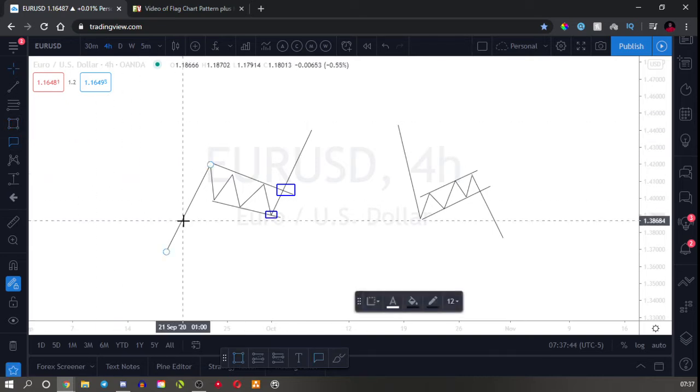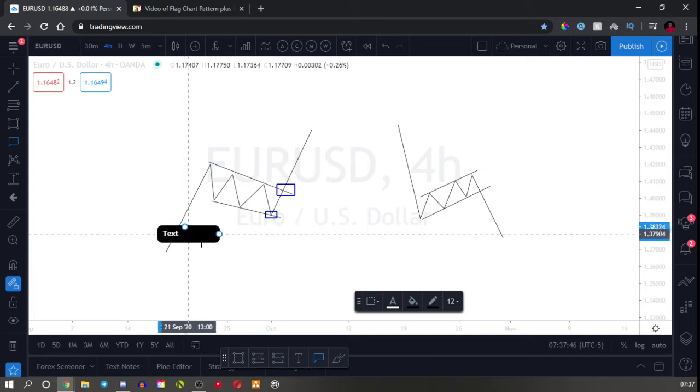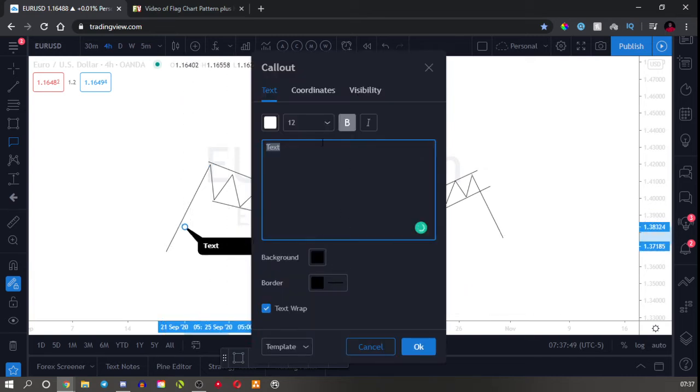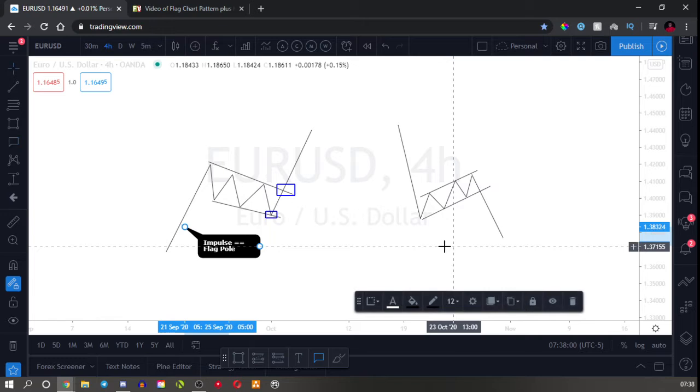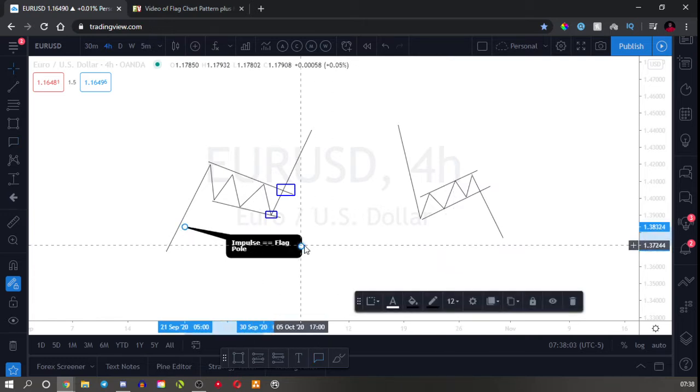And I just want to make little notes here so this is clear. All right, your impulse equals a flagpole.